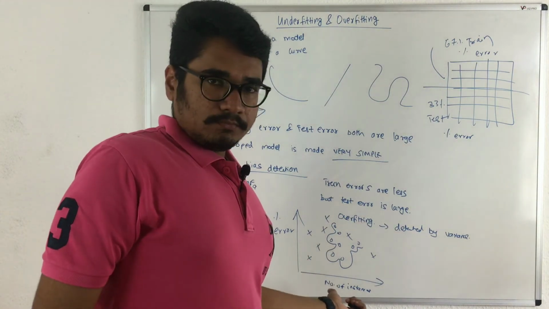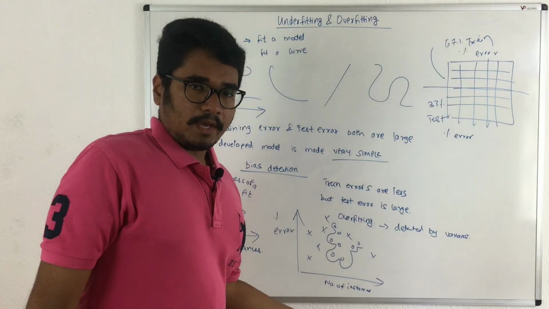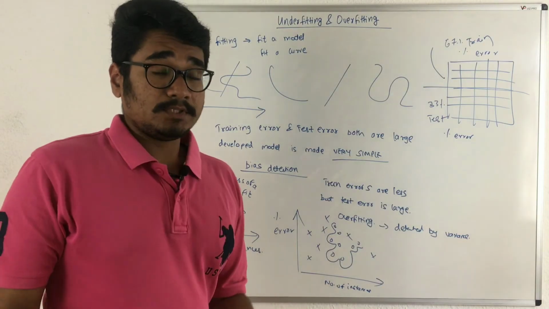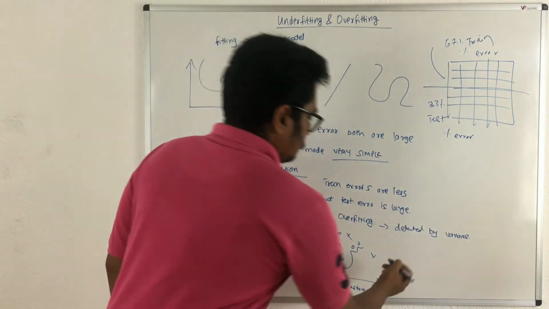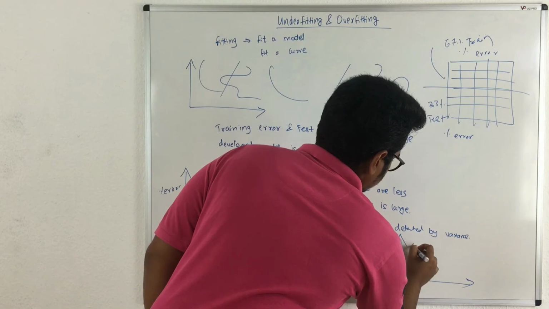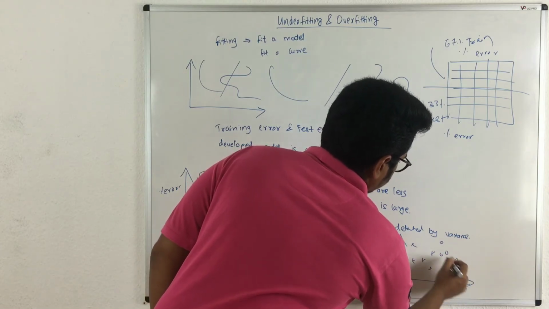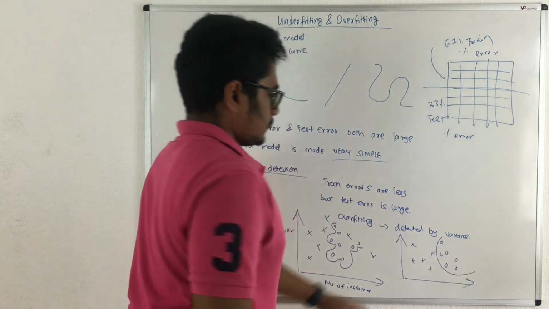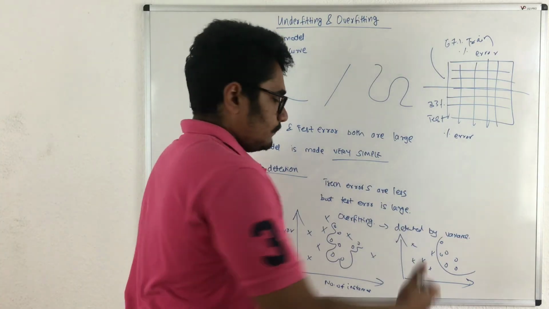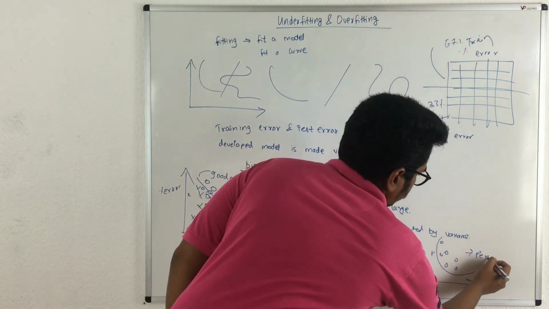You have to properly fit the data, the observations and instances. So a perfect or accurate fit would be something like this. You have some instances like this and some instances like this. If your curve well classifies which instances are where and which are on the other side, then this would be a perfect fit.